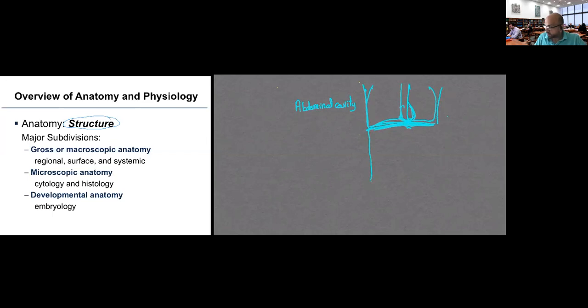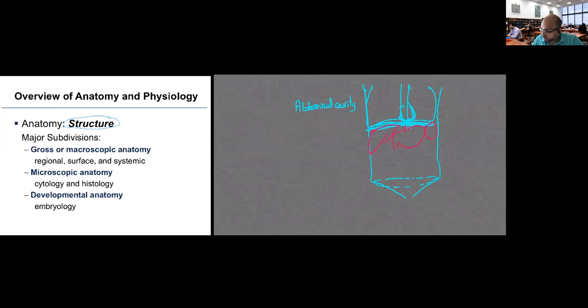And below the abdominal cavity, we've got the cavity within the pelvis. We call it the pelvic cavity. So I will discuss the different organs located in here. I will tell you, for example, this would be the stomach. Here below the diaphragm on the right side, this is going to be the liver.